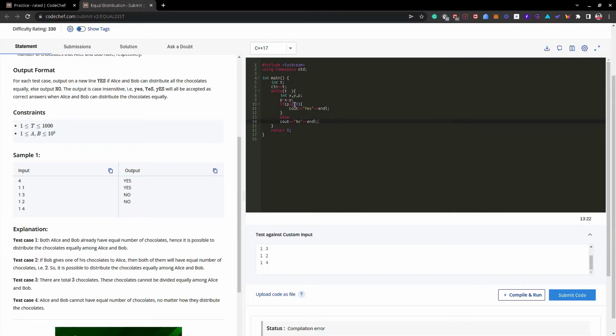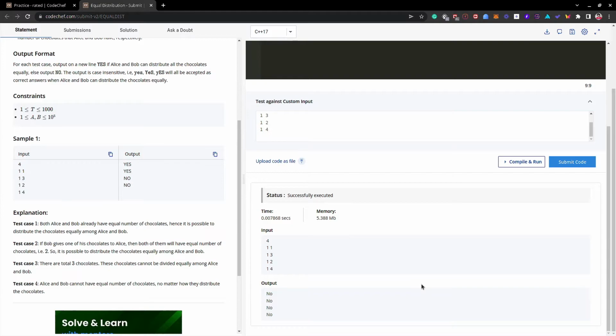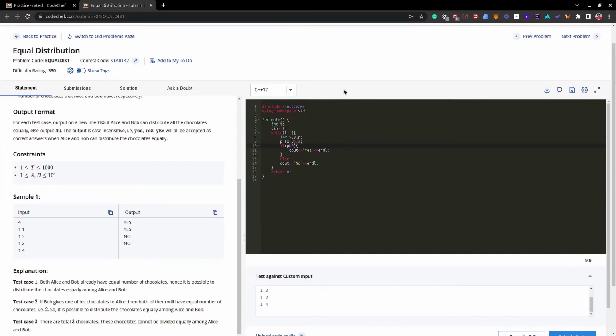So for that, let me change it here: p modulo 2, and if p equals 0. Now compile and let's see how it goes.